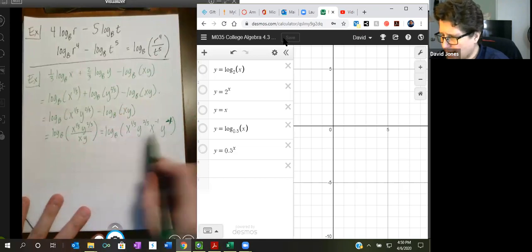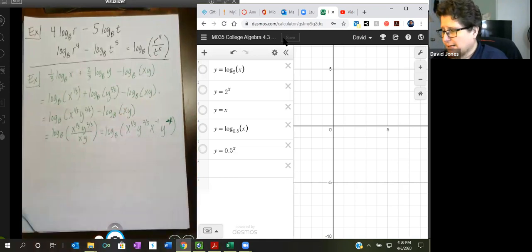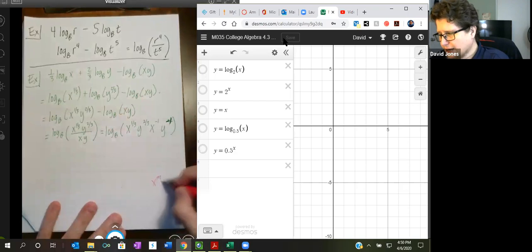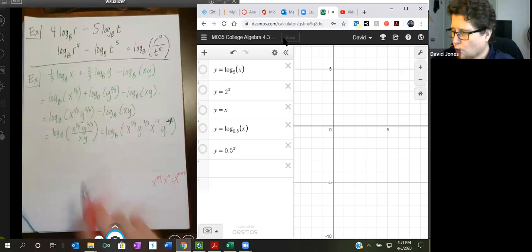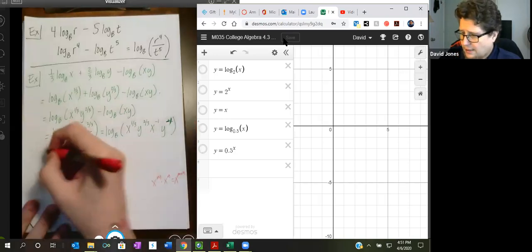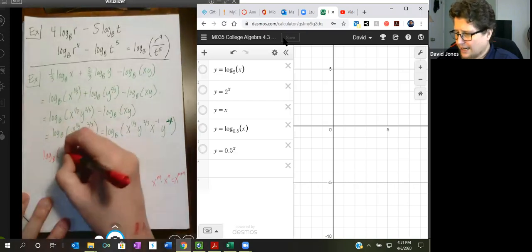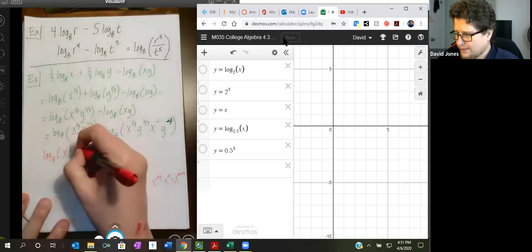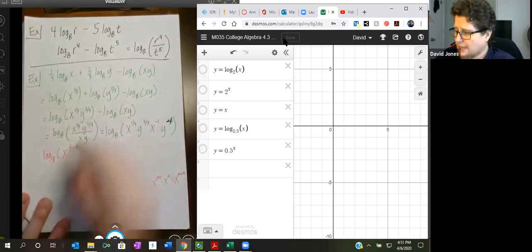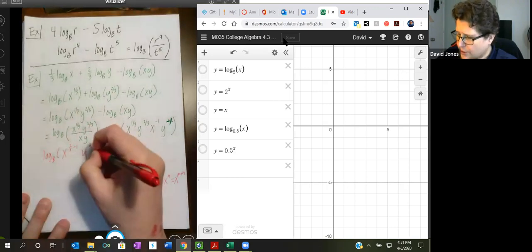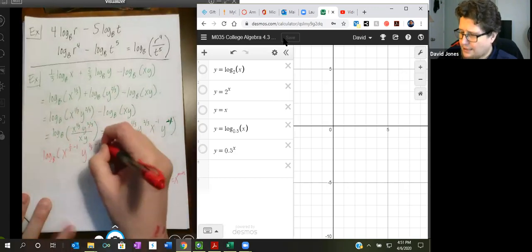And remember the property, x to the m times x to the n equals x to the m plus n. We can apply that here. Log base b, we have x to the 1/3 plus -1, y to the 2/3 plus -1.